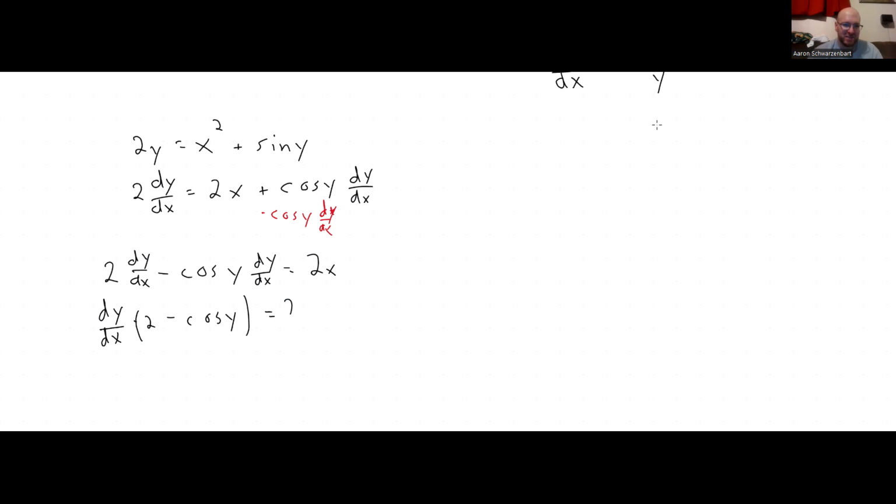And then finally, I will divide by my 2 minus cosine y, giving me a final answer of dy/dx equals 2x over 2 minus cosine y. I cannot cancel those 2's because there's the minus cosine y still attached.